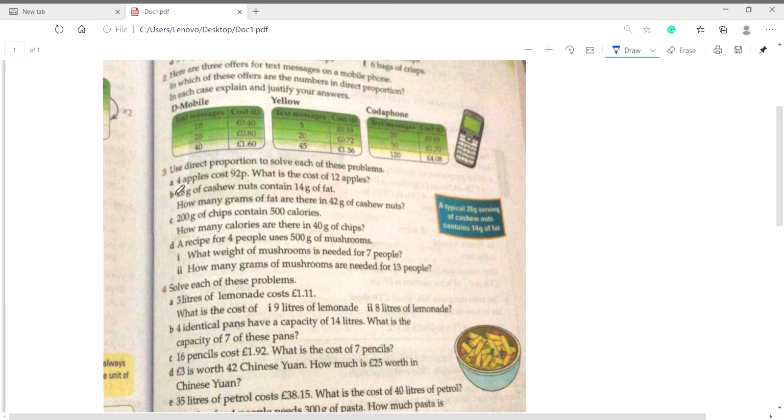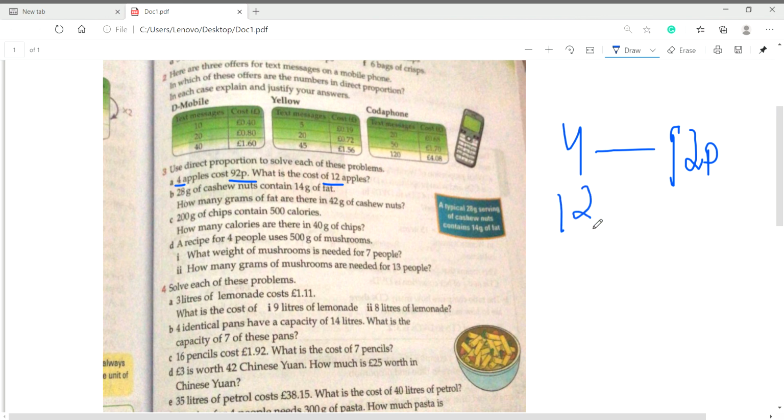I'm doing the first one, you will do the others. 4 apples cost 92 pennies. What's the cost of 12 apples? So if 4 cost 92 pennies, 12 of them will cost how much? X pennies. So here you will do the cross multiplication method.